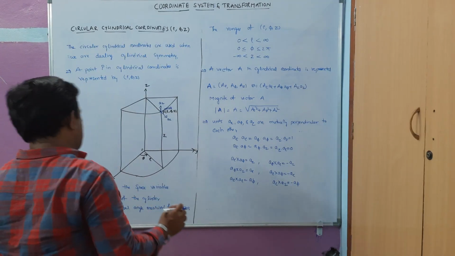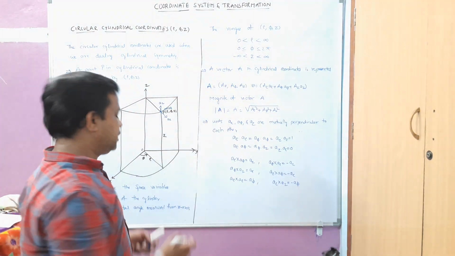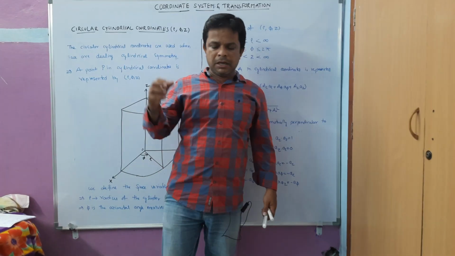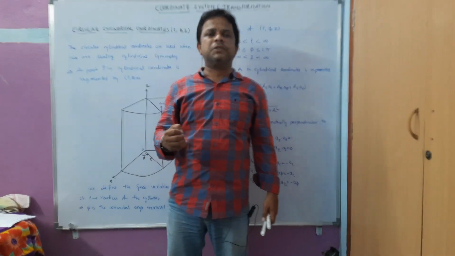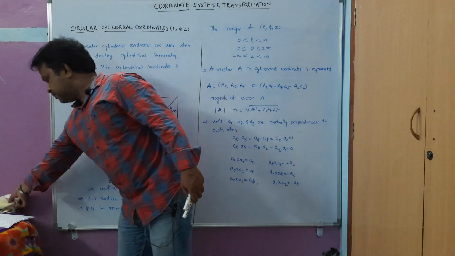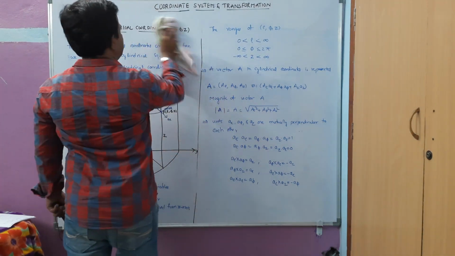Now we will see the relationship between the Cartesian coordinate system and the cylindrical coordinate system one by one.